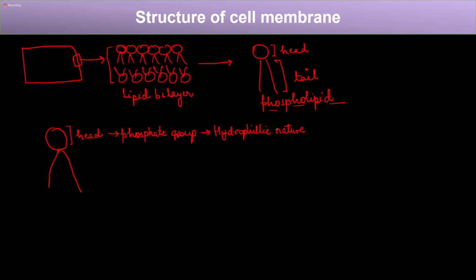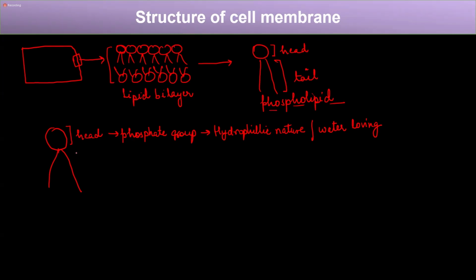Okay. Now, what do you understand by hydrophilic? Hydrophilic means water loving. So these are the groups or components that want to interact with water. So the head part of a lipid wants to interact with water because it is hydrophilic, or water loving, in nature.